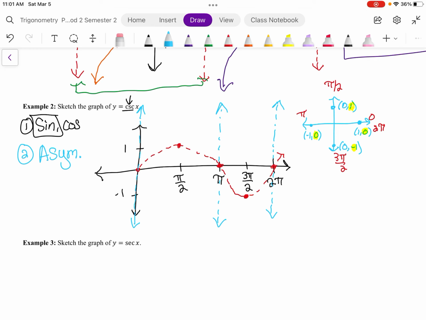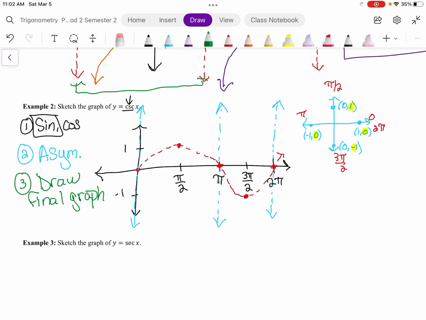So in this one, for one full period of our sine function, we're going to have 3 asymptotes. And then lastly, once we have our asymptotes drawn, we're going to draw our final graph.